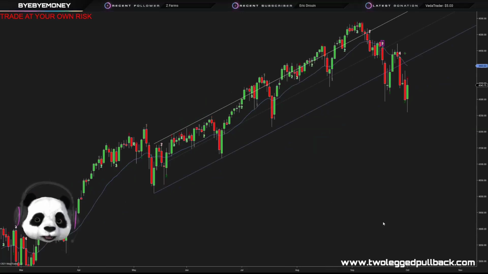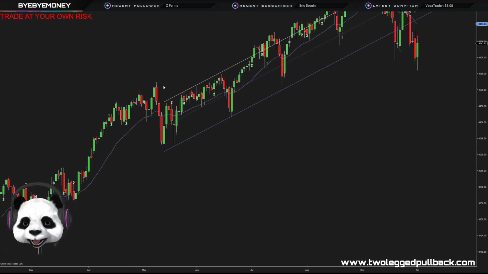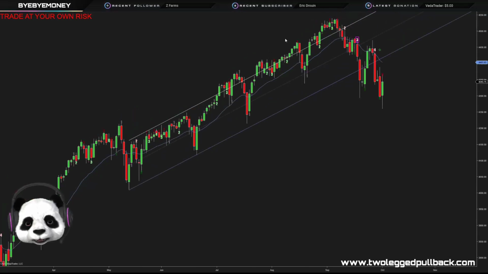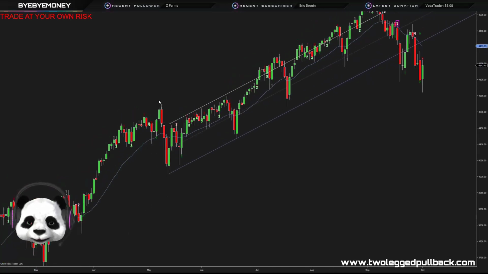Let's go over the story of what price action is telling us. We have a classic pattern here: spike and channel. Spike means strong breakout, and then a channel that forms in the same direction as the spike, but to a lesser degree.